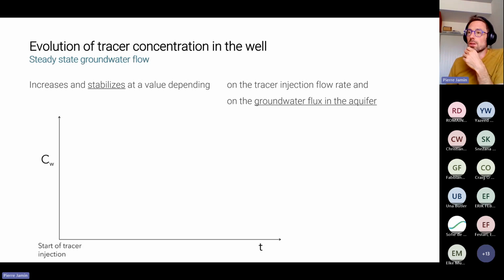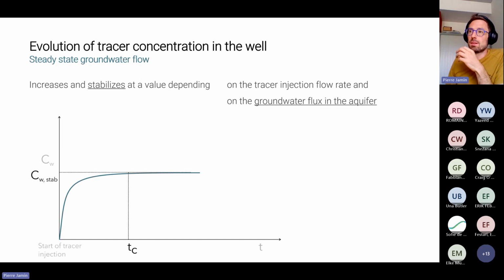So we start the injection, and the concentration of the tracer rises and then stabilizes at a concentration that is reached when we have an equilibrium between the tracer that we inject in the well and the tracer that is flushed out of the well by the groundwater flux.